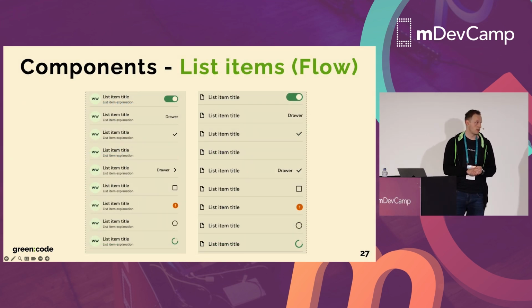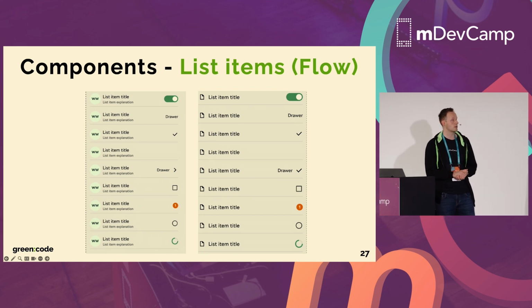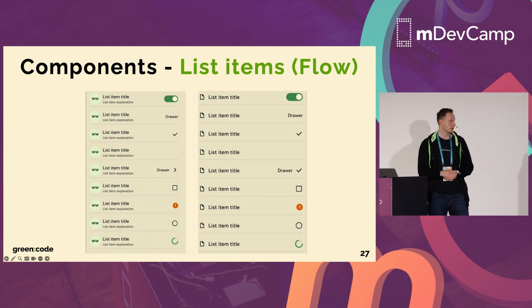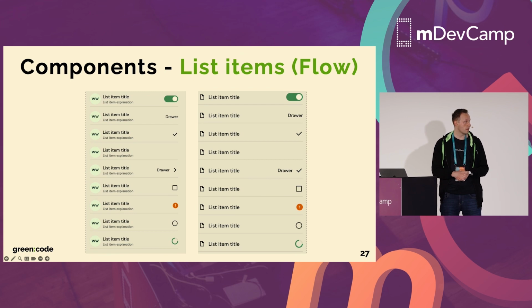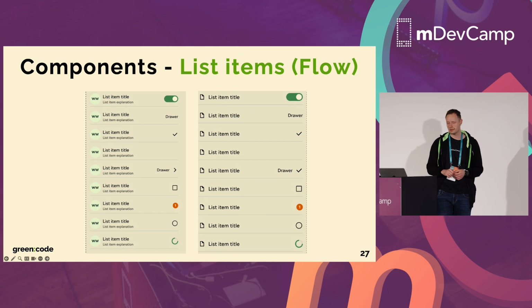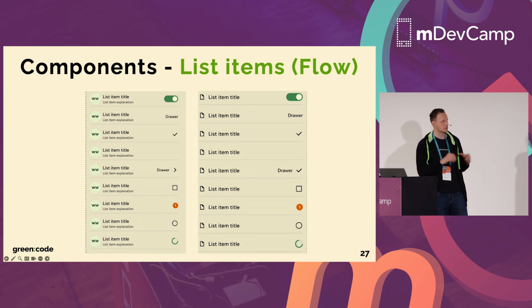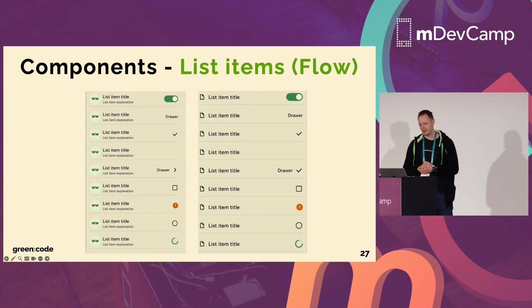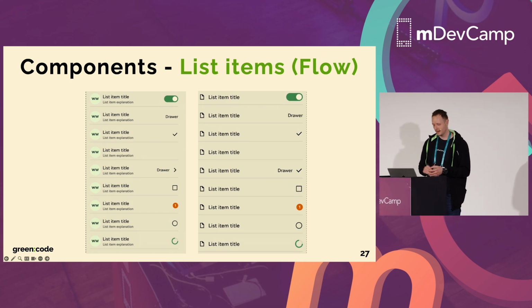List items. This is probably the most complex component in our UI library. It combines a lot of other components, and you see just the selection. We have many more variants.